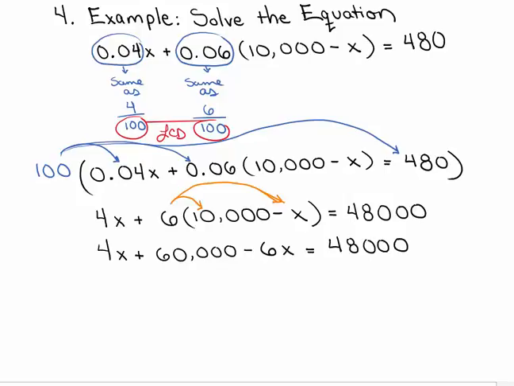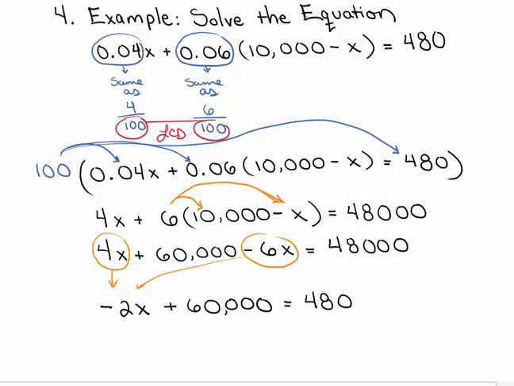Now we're ready to combine like terms. Our like terms here are going to be the 4x and that minus 6x. So we're going to have 4x plus a negative 6 is going to give me negative 2x, because we need to keep that x attached to it. So we have negative 2x plus 60,000 equals 48,000.